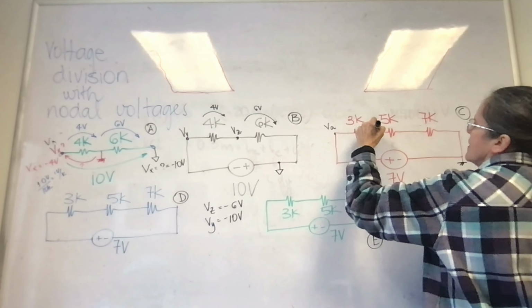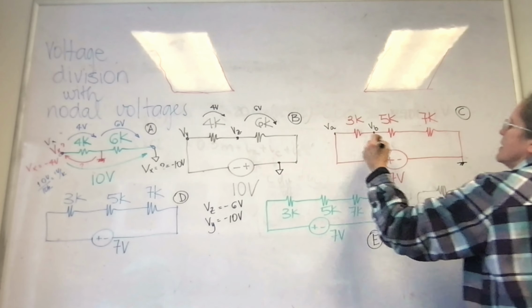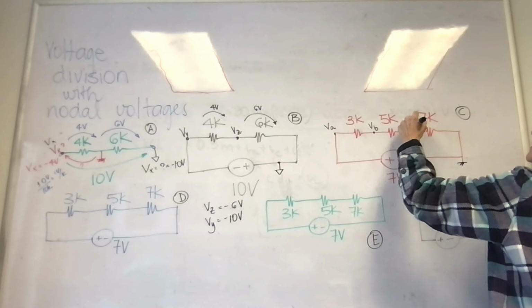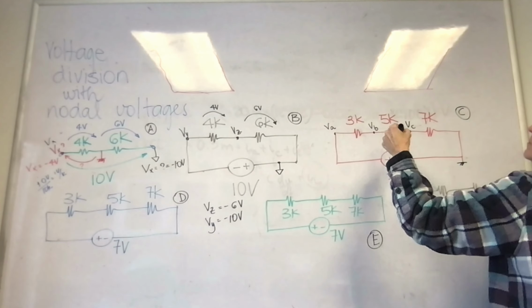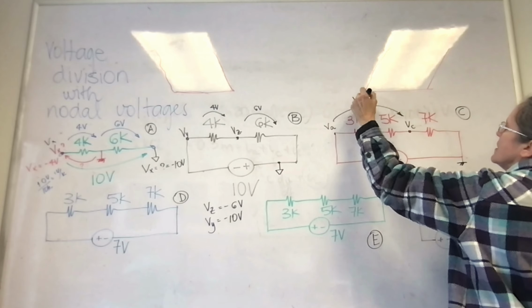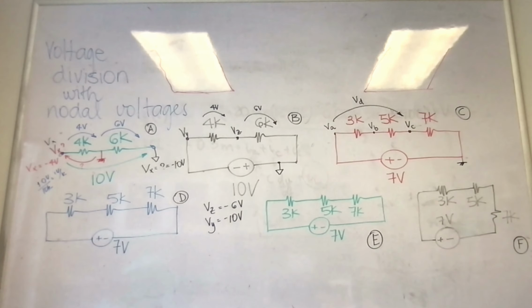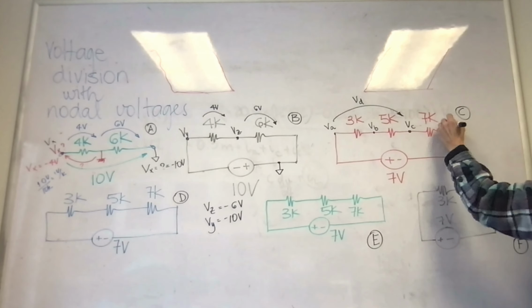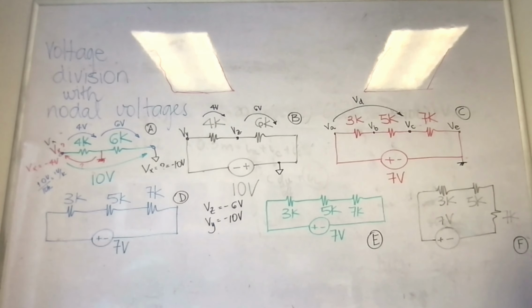What is VA, VB, VC, and what is this voltage here, VD? Well, I hope you know the VE is 0.